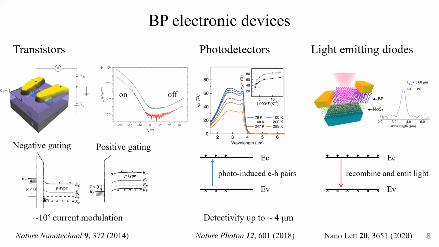And if the electrons and holes are injected into the conduction band and the valence band of black phosphorus, and then recombine within the material and emit light, that is the light-emitting diode. Our group has demonstrated the first black phosphorus light-emitting diodes.